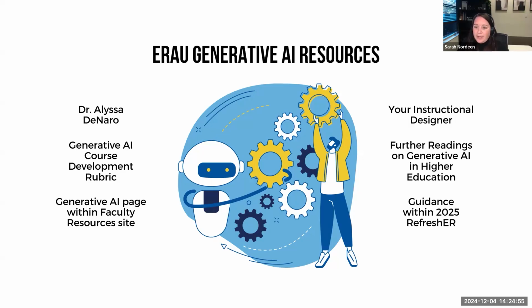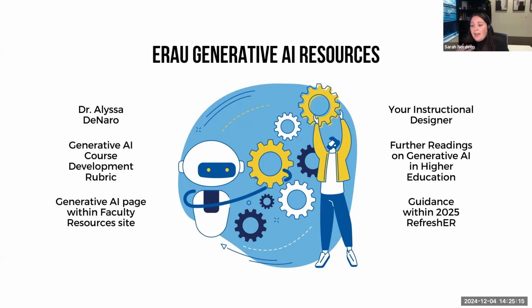We have the rubric. We also have a faculty resource area on your site that is able to help you. You have instructional designers that are all willing to help, no matter whether you're in the College of Aviation, College of Business, or College of Arts and Sciences. All of us are here to help you through that process.